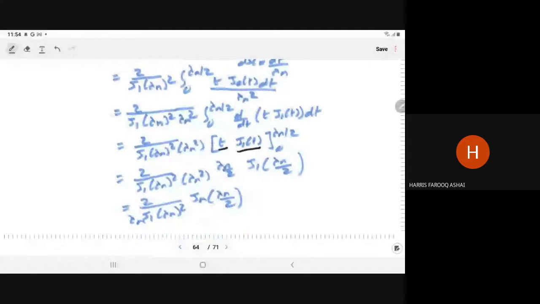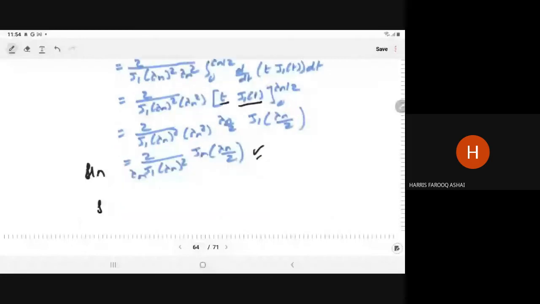So here the integral t j1 with limit 0 to lambda n by 2, you will get 2 upon lambda n whole square, j1 of lambda n by 2. So that is our required a n. And f(x) can be written as summation of a n j naught lambda n x, so you will get the required expansion.